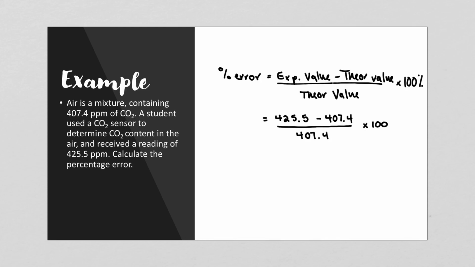So we'll do that calculation. 425.5 minus 407.4, and we divide that by 407.4, and we times by 100, and we get a percentage error of 4.44%, meaning that our measured value is 4.44% off of the expected value.